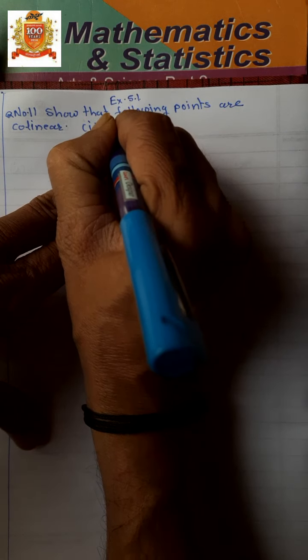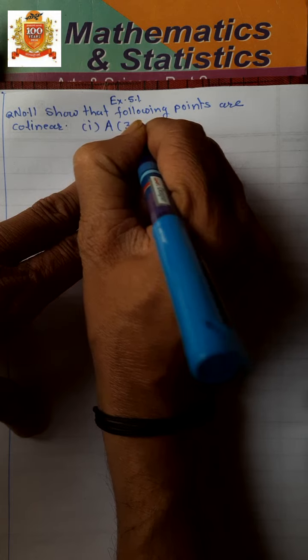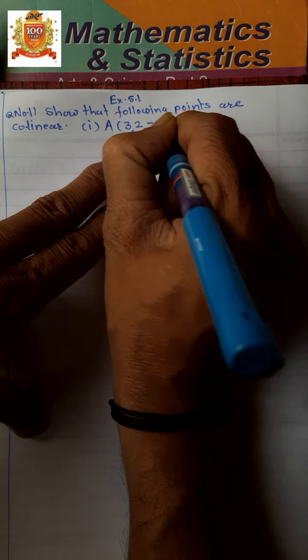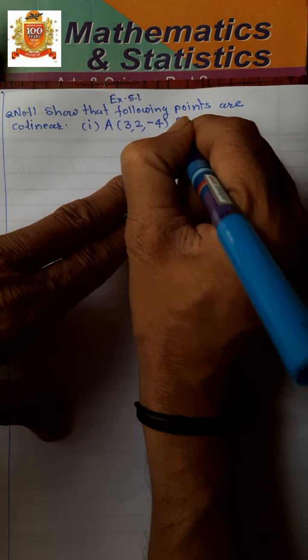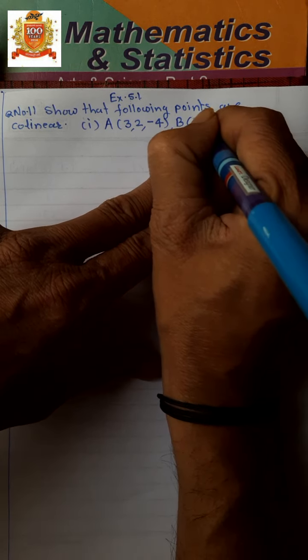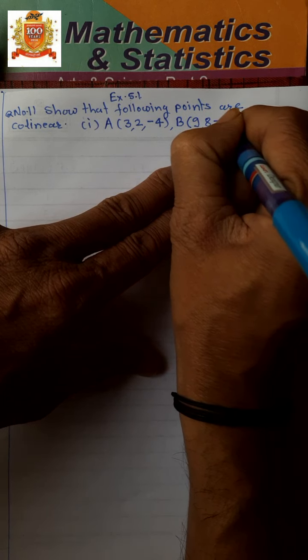Coordinate of point A is 3, 2, minus 4. Coordinate of point B is 9, 8, minus 10.